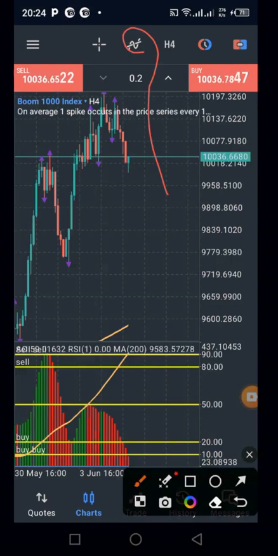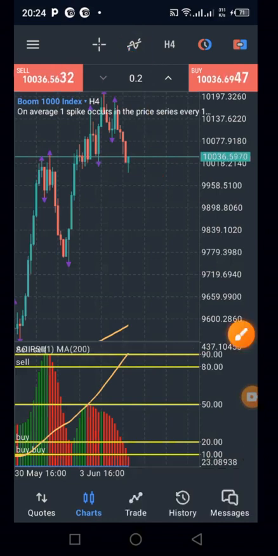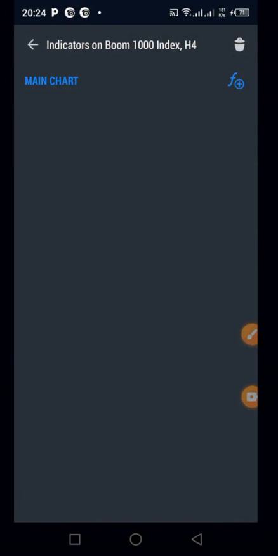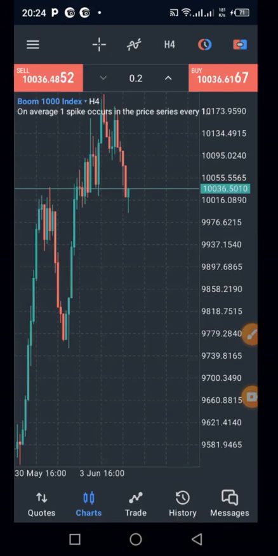That sign just beside a plus is where you press to set indicators. Let me remove these indicators. I delete them, and this is how it appears. This is how the market looks without indicators. When you just download, you will not see those indicators. As long as you have not set them, it will appear like this. This is just a market without any indicators.